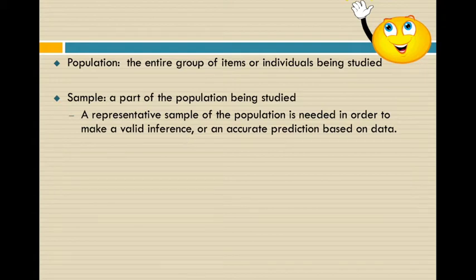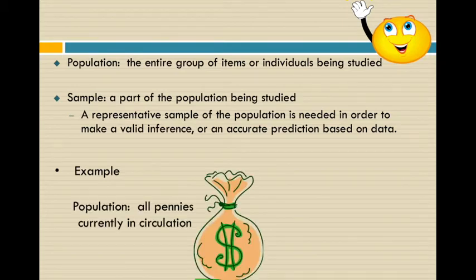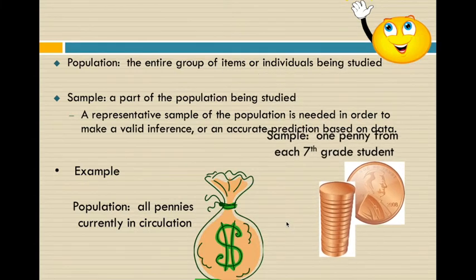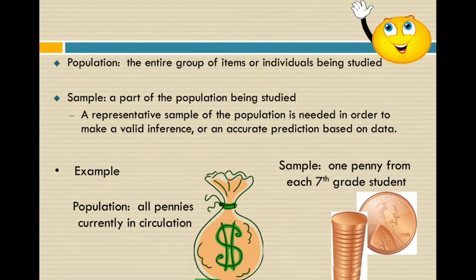For example, in this case, the population is all pennies currently in circulation. The sample could be one penny from each 7th grade student. Let's take a look at some more examples.